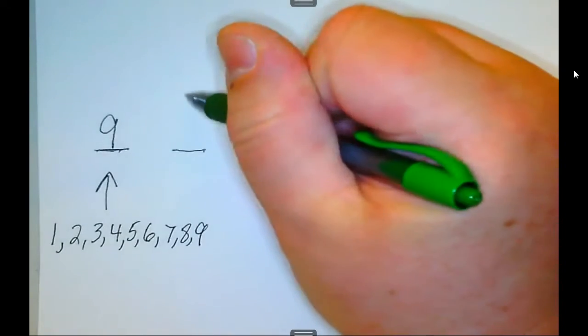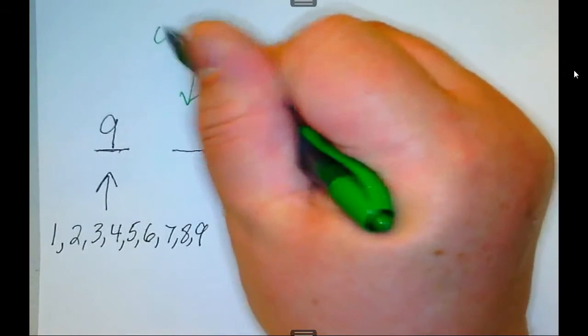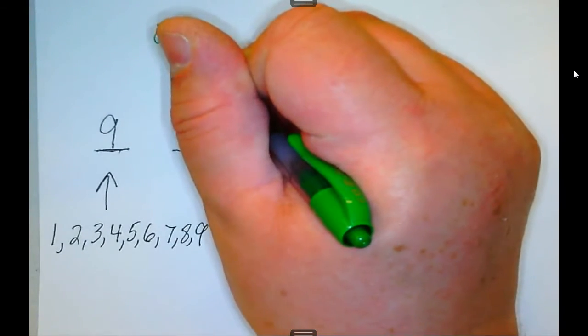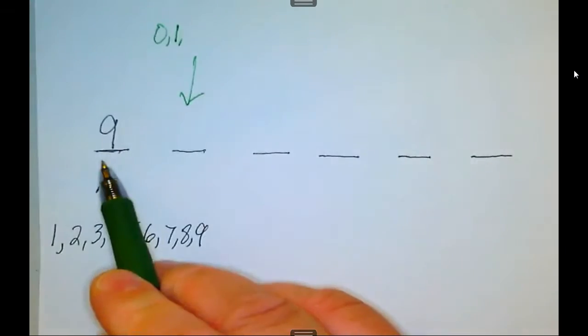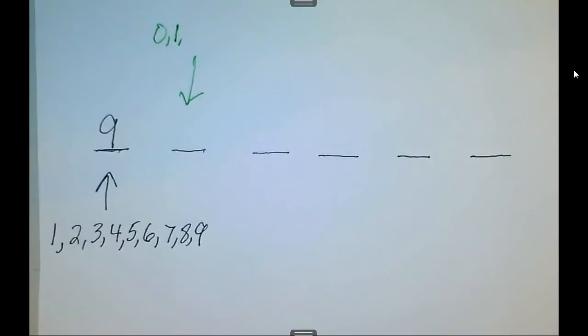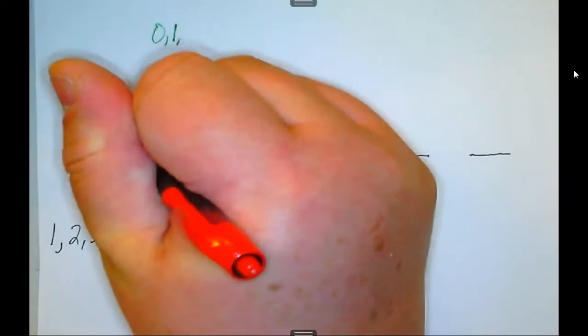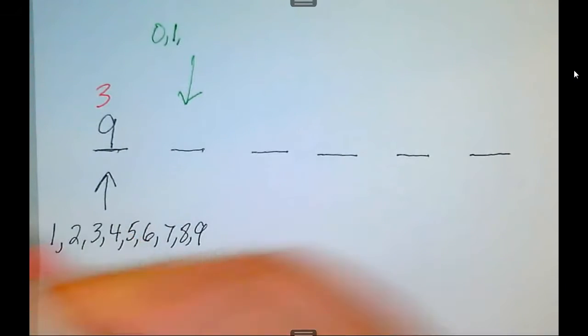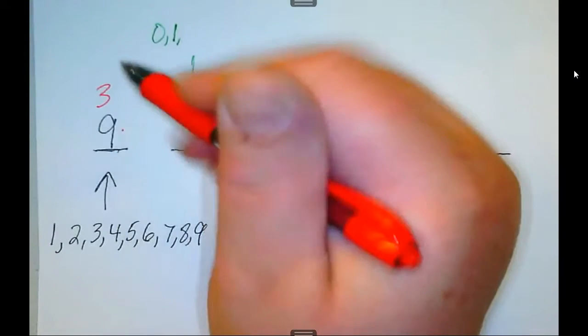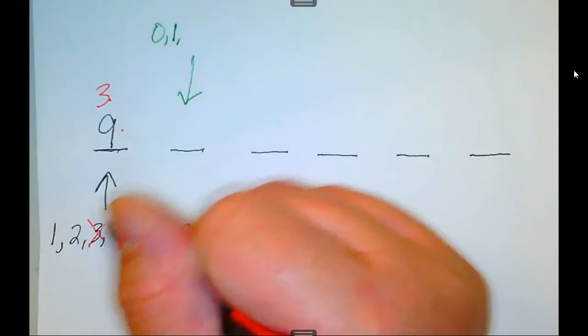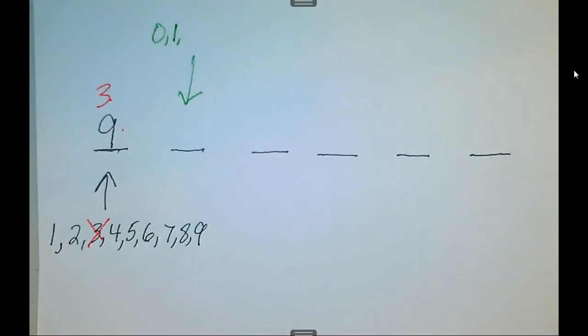My second digit. I now can add in 0. So what do you want the digit to be the first choice? 3. Okay, so 3. So we're doing an example. 9 choices, we chose 3, the number 3. So I have to cross that out because I can't repeat.